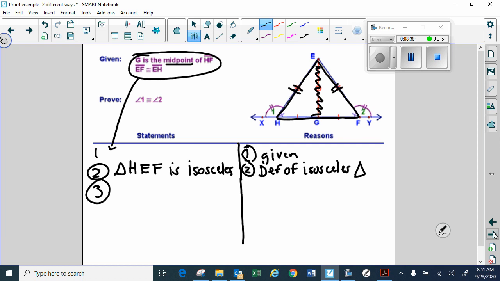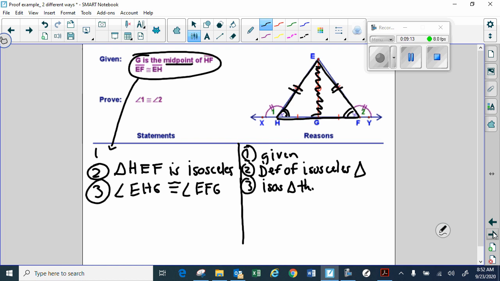Once I've identified it as an isosceles triangle, then I can go ahead and say base angles are congruent, those 2 angles right there. So I'm now able to say angle EHG, or I could have said EHF, is congruent to angle EFG by the isosceles triangle theorem.